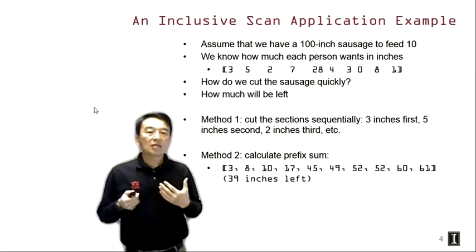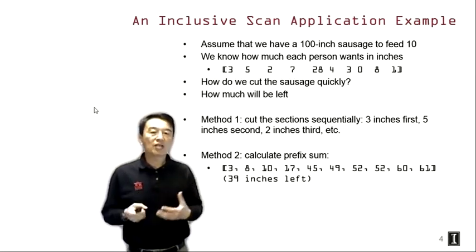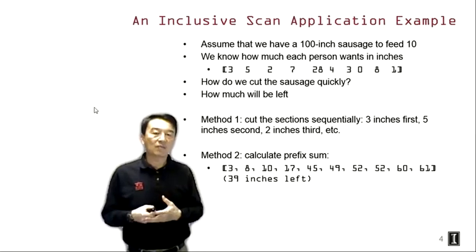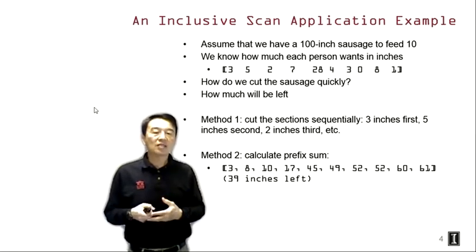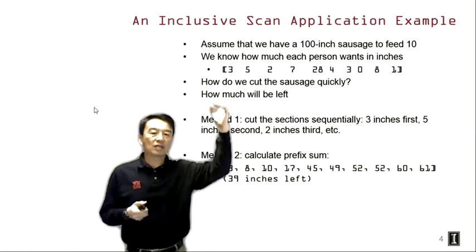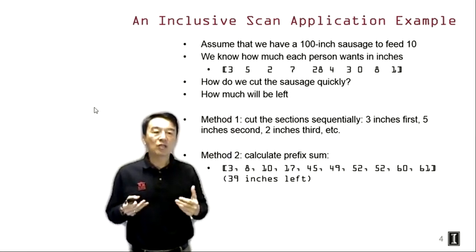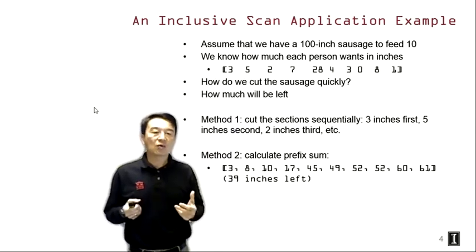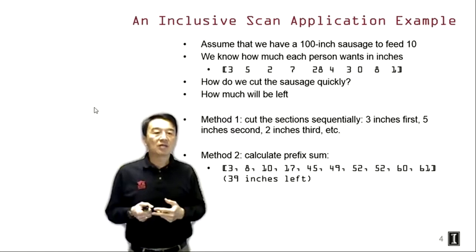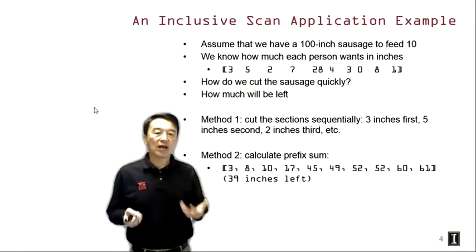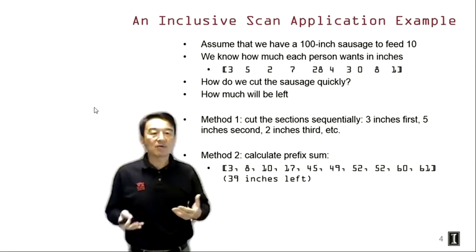Let's look at some practical applications of parallel scan. Let's say we have a toy problem where we have a 100-inch sausage that we would like to distribute to 10 students. We ask each student how much they would like to have. Some of the students are hungry and some are not.